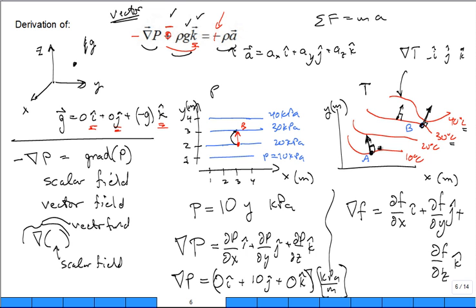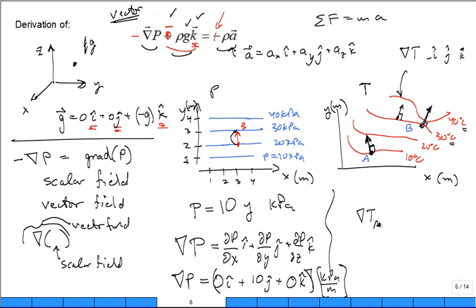All right, so I was asking the question, I'm going to erase this here, whether or not the gradient of the temperature evaluated at point A, the magnitude of it, how did it compare? Is it greater than, equal to, or less than the magnitude of the gradient of the temperature at point B?